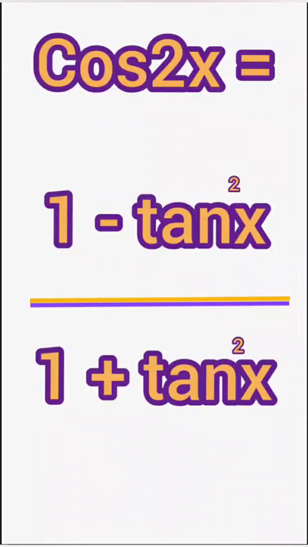Now we will write cosine of 2x in terms of tangent of x. That is, cosine 2x is equal to 1 minus tangent square x divided by 1 plus tangent square x.